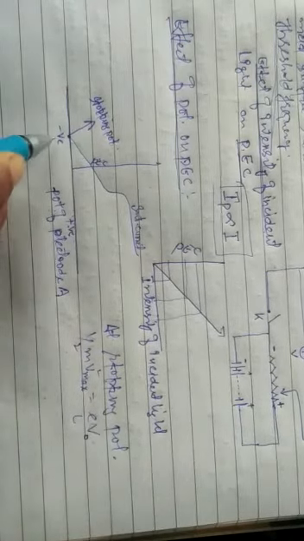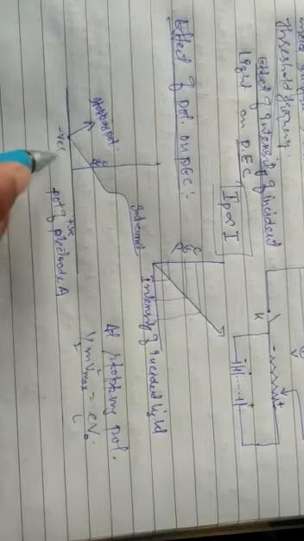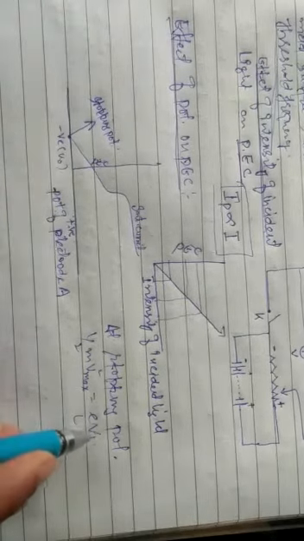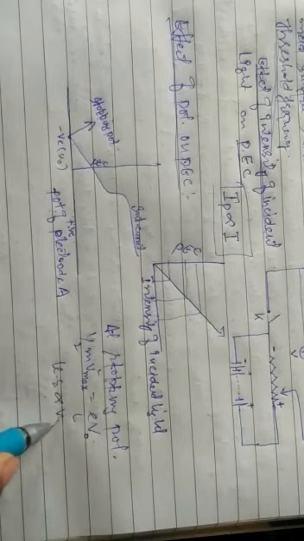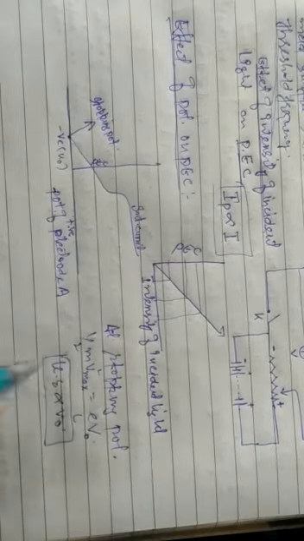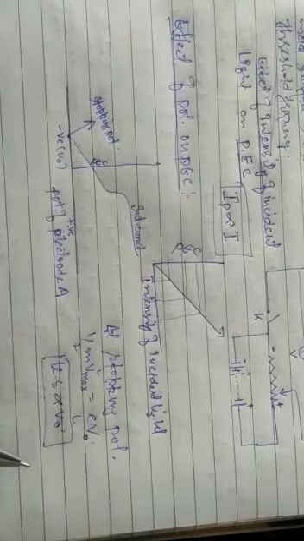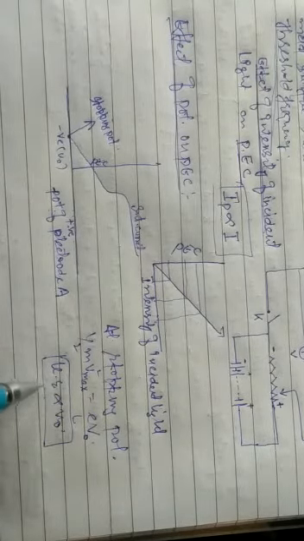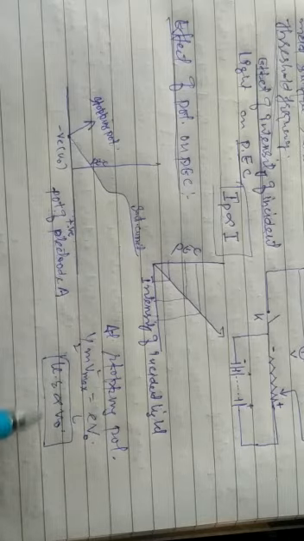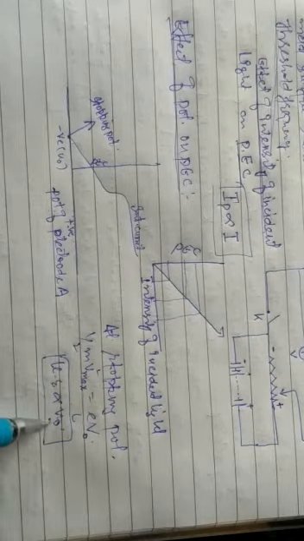V naught is the retarding potential. So kinetic energy is directly proportional to V naught, the stopping potential. Thus, maximum kinetic energy of photoelectron can be determined by knowing the stopping potential of that.